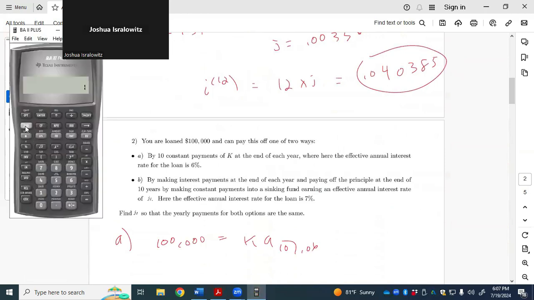So clear TVM. One thing I've mentioned before, if I haven't, you can often get away with not clearing the TVM, but it's not always clear when you can get away with it and when you can't.